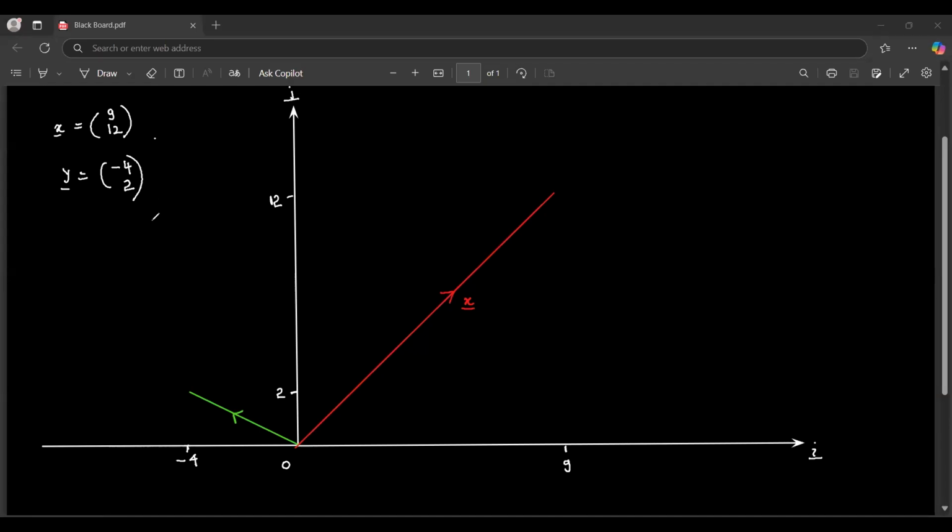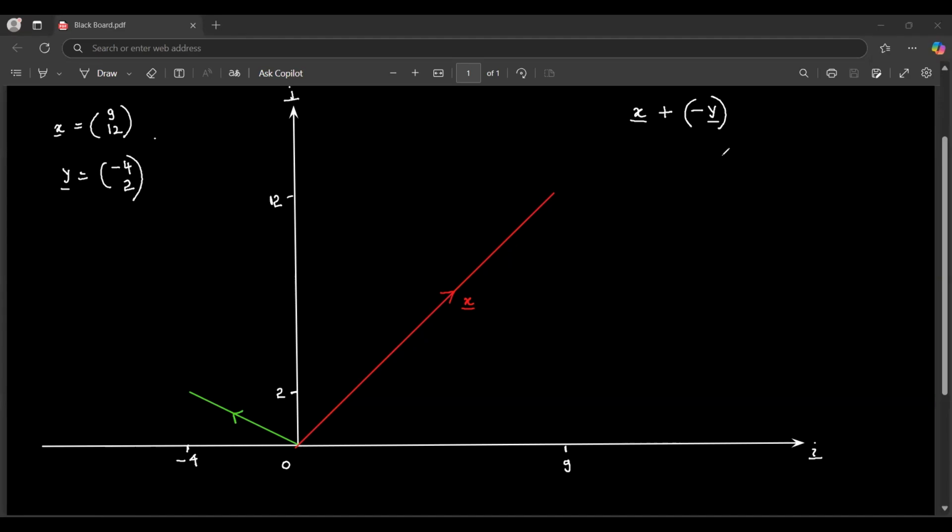Now we have to subtract y from x. I can think of that as adding a negative version of y. I can make the thought process such that I am adding a negative version of y.